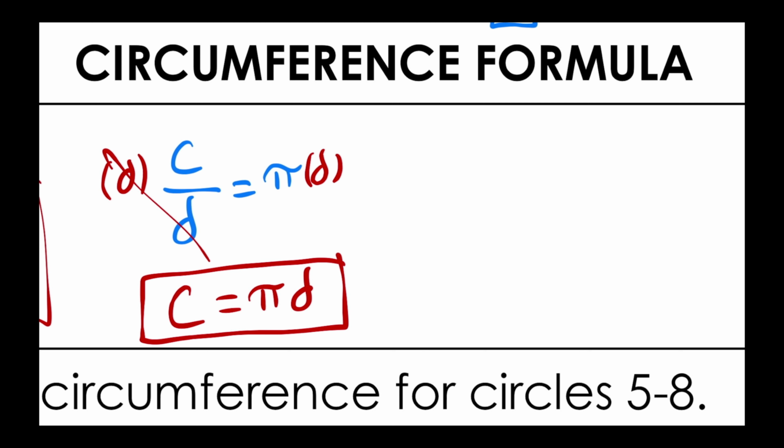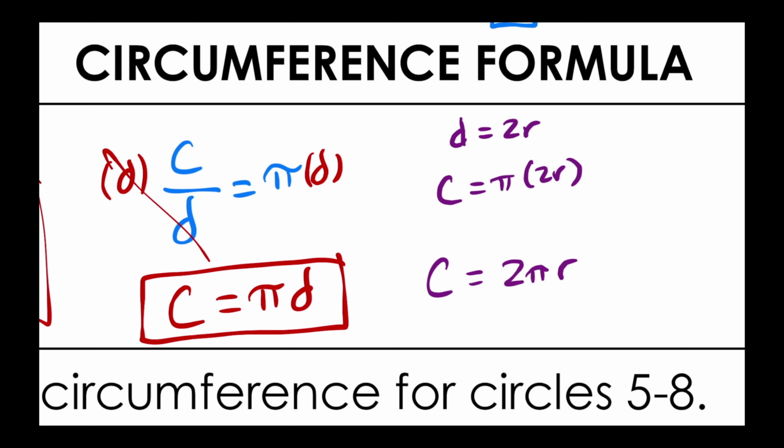Okay. Now there's another formula. There was someone else who said we can also call this circumference if we use the radius. Like, what do you mean? Because the diameter, isn't that 2 radiuses or radii? And that's true. A diameter is just 2 radii, right? So if I substitute into circumference equals pi times d, and instead of d I put 2r, and then we rearrange it, we can say circumference equals 2 pi r.